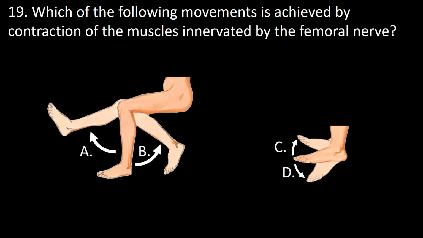Next question. Which of the following movements is achieved by contraction of the muscles innervated by the femoral nerve? A, B, C, or D? Please take a few seconds to look at these images and decide.